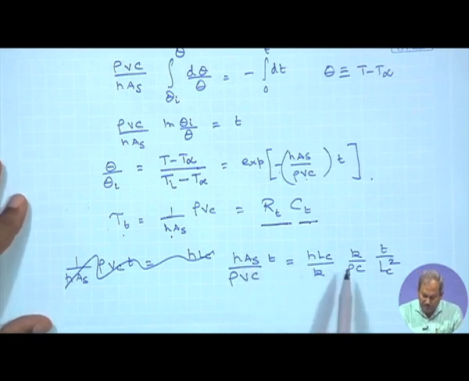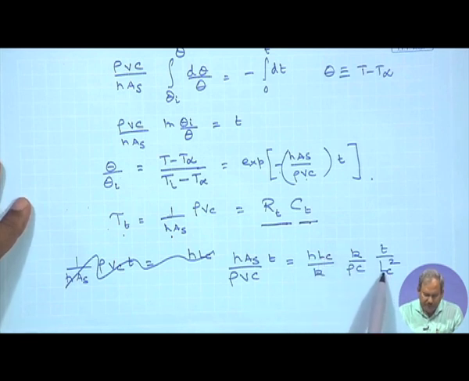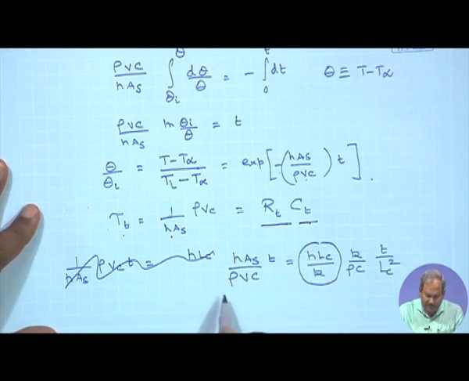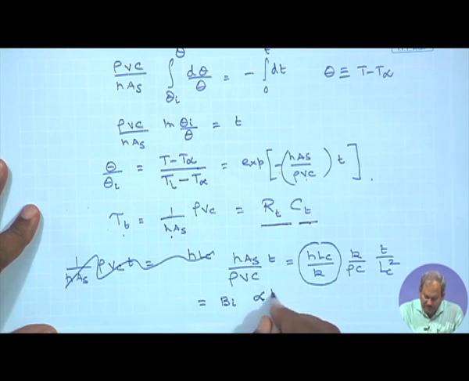The purpose of my doing this is to bring in the concept of the Biot number. I brought in an L_c and I put an L_c over here, and these essentially are the same. So this is the Biot number, and what I have over here, k by rho C, is the thermal diffusivity of the system. I have a t and L_c squared. If I rearrange the terms, what I would get is h L_c by k.